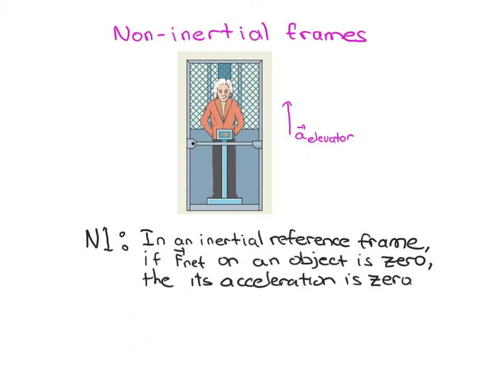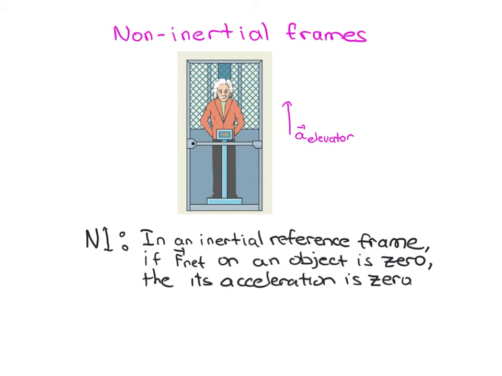Well, what do we mean by an inertial reference frame? Well, you can think of Newton's first law as the definition of an inertial reference frame. If you go into a frame and if you observe that when there is no net force on the object, its acceleration is zero, then you know that you are in an inertial reference frame.